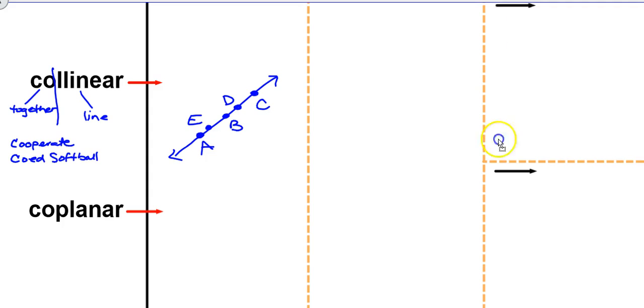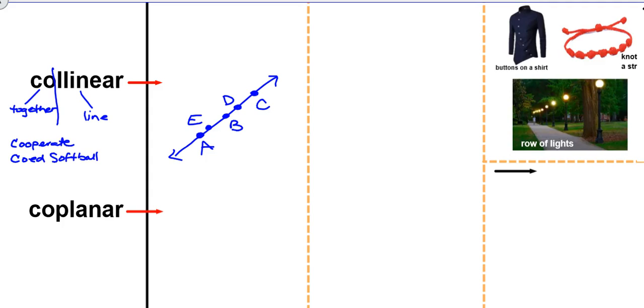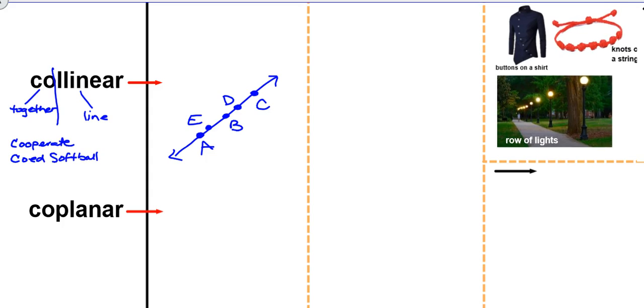It would be something that would look like these. The buttons going down the front of the shirt, maybe the knots on this string right here, or the lights at the top of those light posts. They are collinear together on a line.